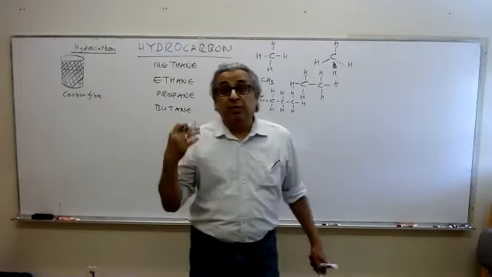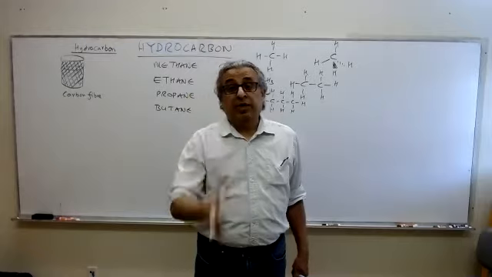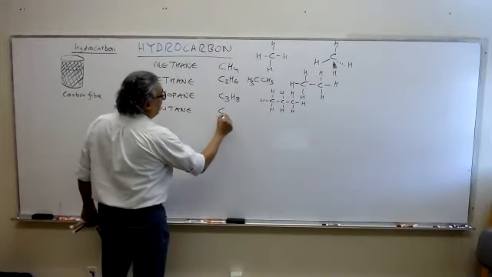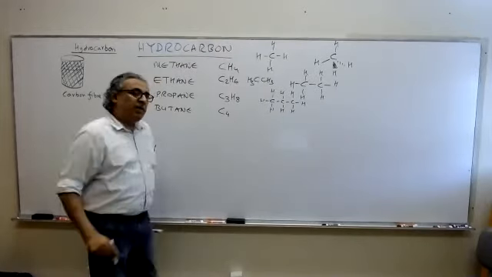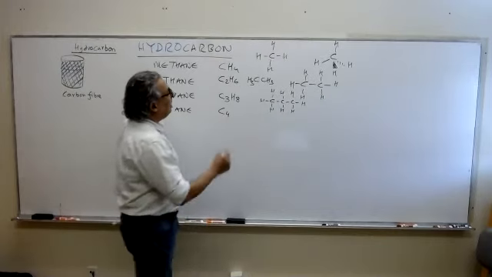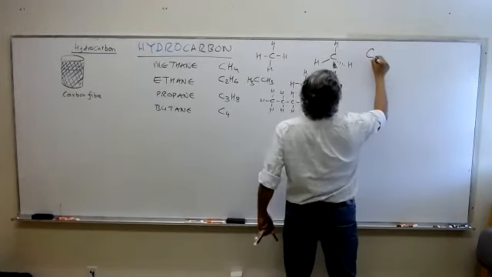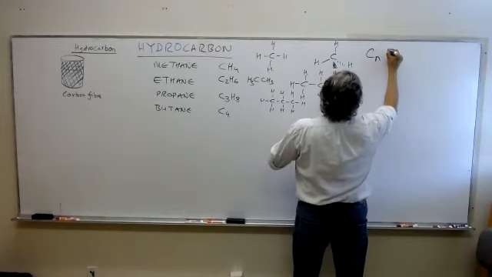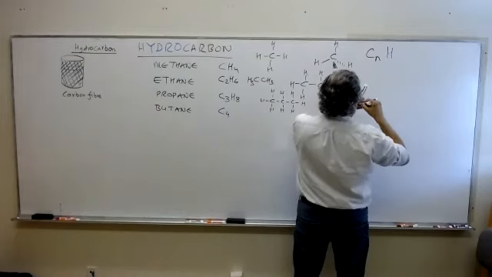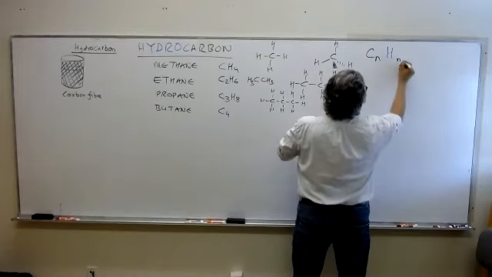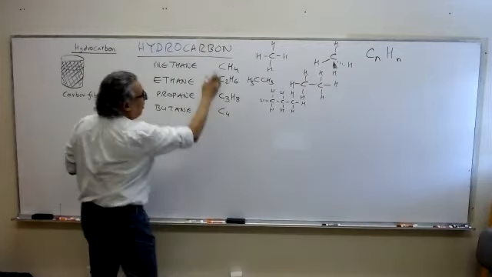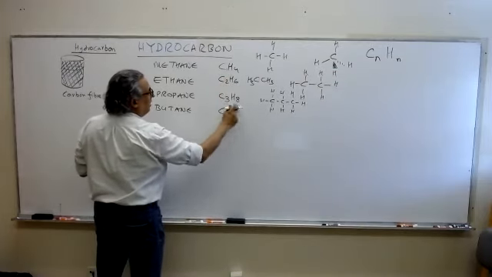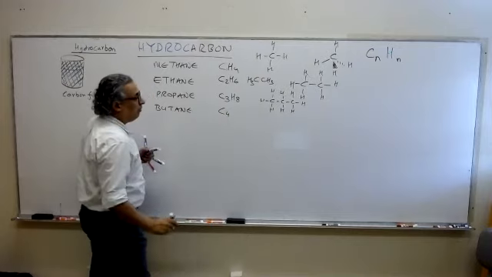Unfortunately, guys, you need to memorize these 10 names. Methane, ethane, propane, butane, and so on and so forth. C4, anybody want to help with the formula? CN and H, something to do with N. What formula would work? 1 and 4, 2 and 6, 3 and 8, so that we can predict 4 and what?